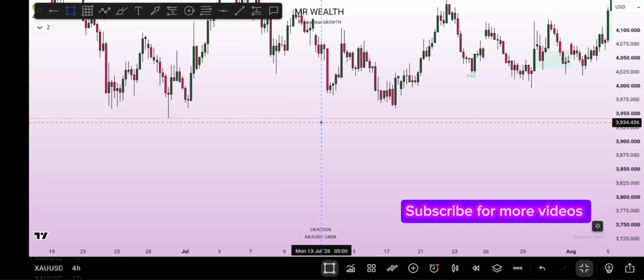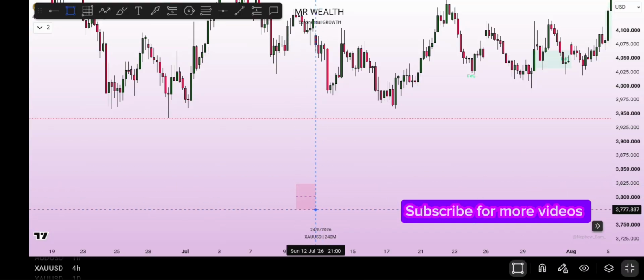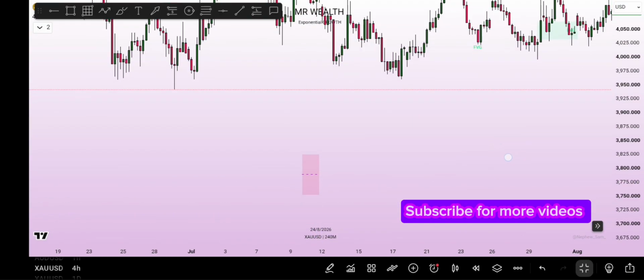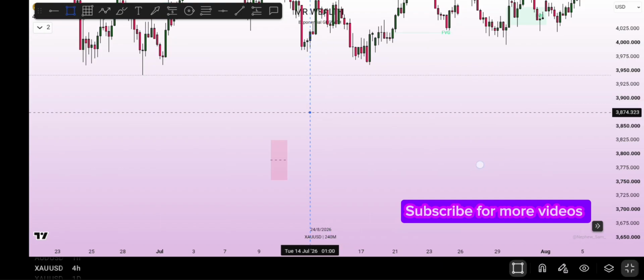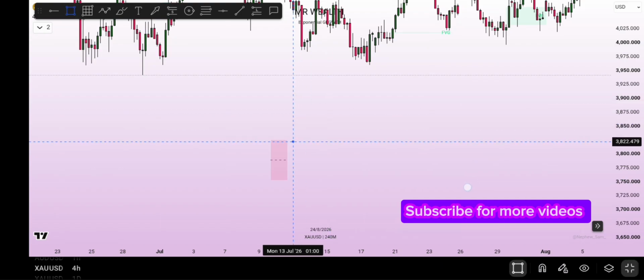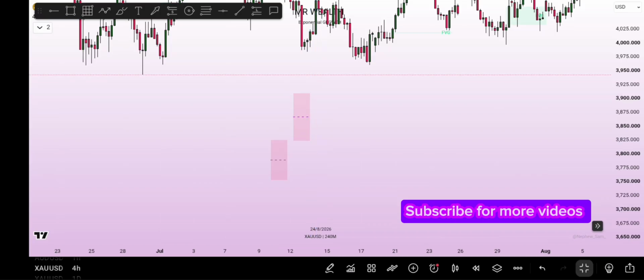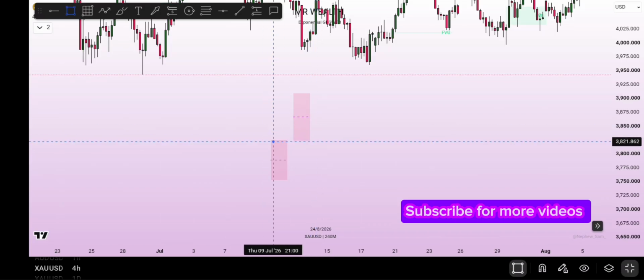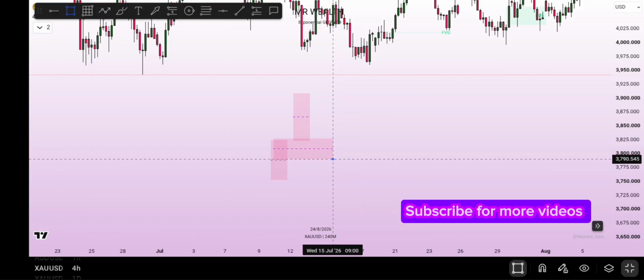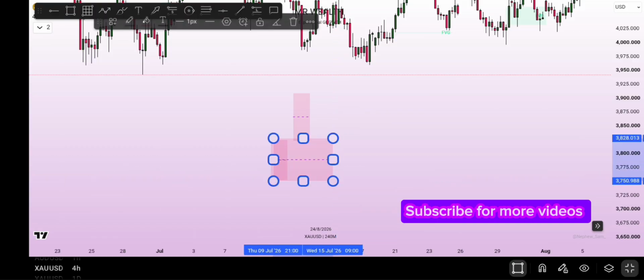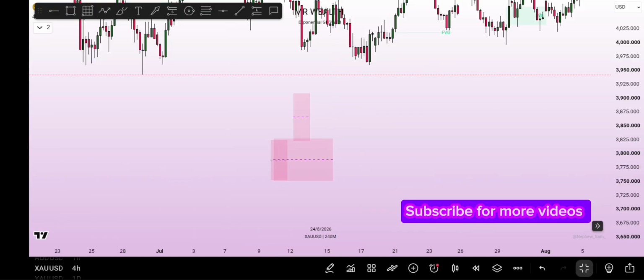This one is scalp trading, where every time the 4 hour breaks above another 4 hour, you use that break as an entry to trade to the nearest liquidity. Very easy and very simple.